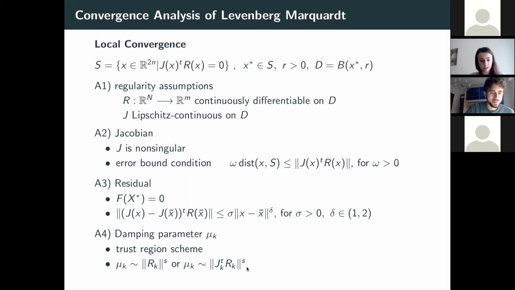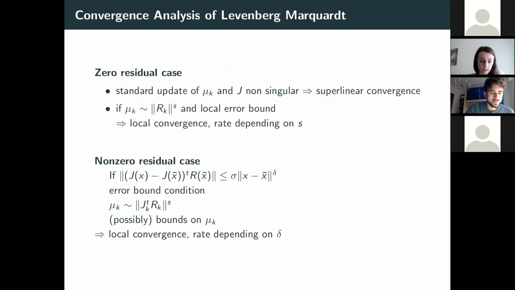So these are the assumptions that are, let's say, common in literature, and these are the results that we can hope to prove. So in the zero residual case, if we follow the standard update for the damping parameter μk, then we need the Jacobian to be non-singular, and this ensures superlinear convergence.